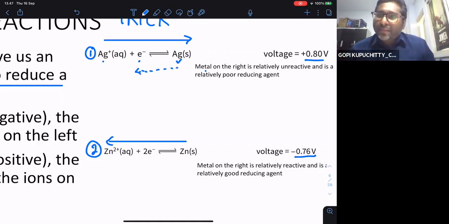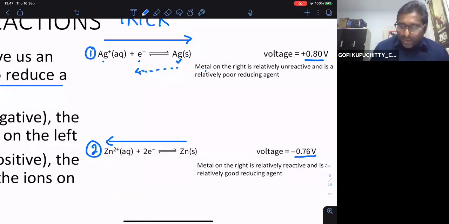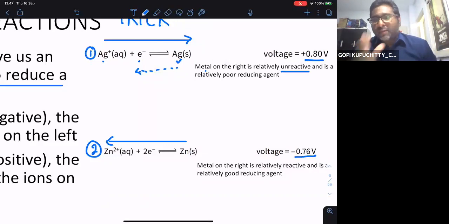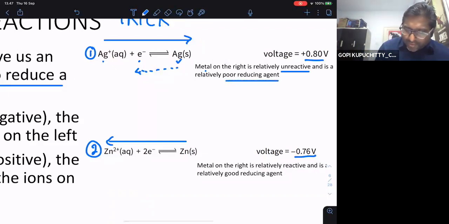And you know, reactivity of metal: a metal that tends to lose electron is said to be reactive. In this case, silver is not reactive because it is not going to give out electron, because the position of the equilibrium is to the right. And what is this? Poor reducing agent.